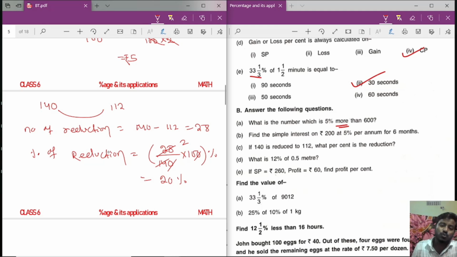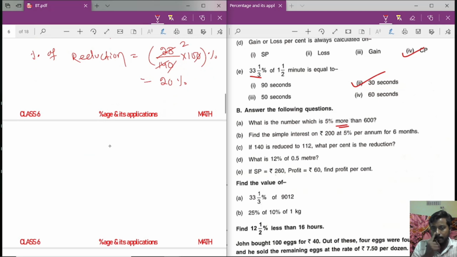Okay, next question. What is 12% of 0.5 meter? We know that 1 meter equals 100 centimeter. Similarly, you can write 0.5 meter equals 0.5 into 100, that is 50 centimeter.